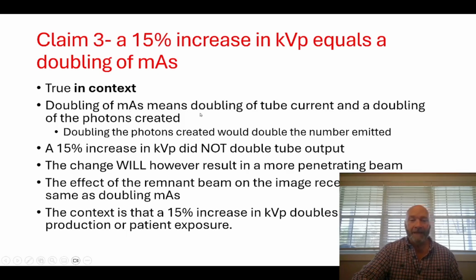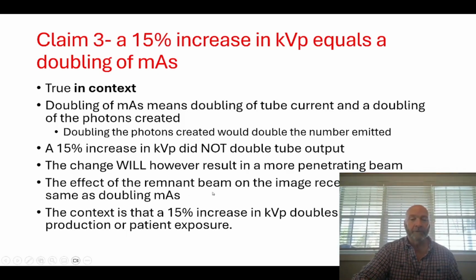Doubling the mAs means doubling the tube current and a doubling of photons created. We don't see that with a change in kVp. If we double the number of electrons we send across the tube, we double the number of photons. And again, we don't see that. With a 15% increase in kVp, we don't double tube output. The change will, however, have the same effect at the image receptor. So as we increase kVp, again, the penetration of the beam increases.